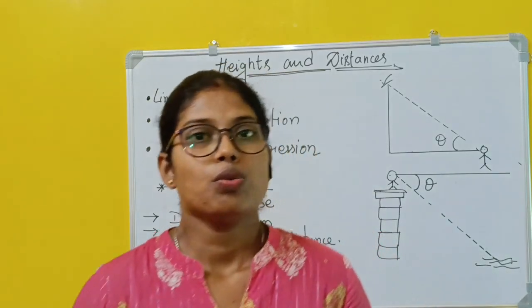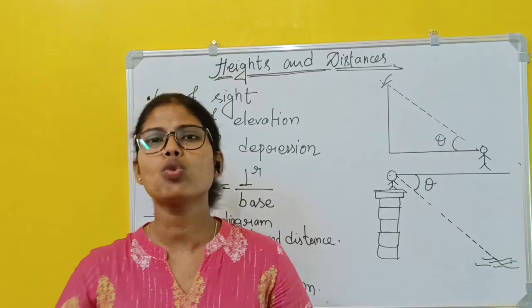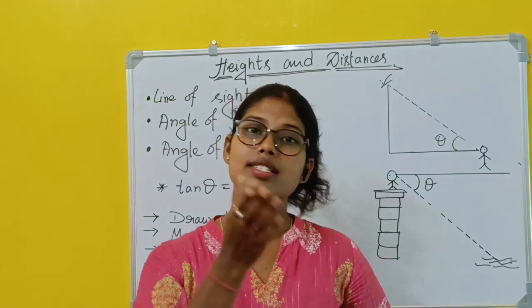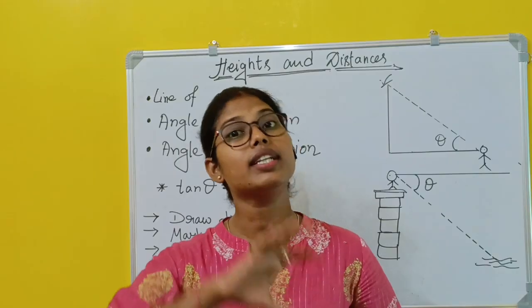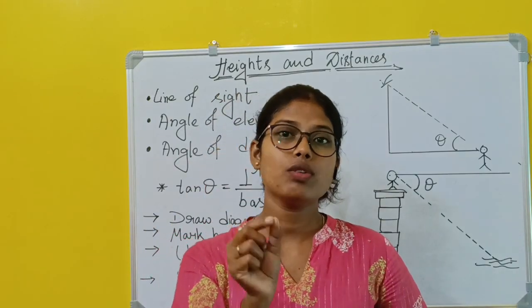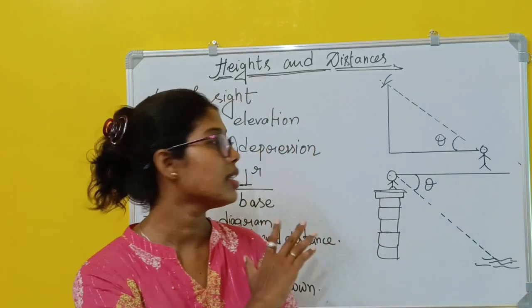One interesting thing is that height and distance can be a very easy chapter for some students, and in a similar manner it can be a very tough chapter for others. The only thing you have to understand is the basics of this chapter.